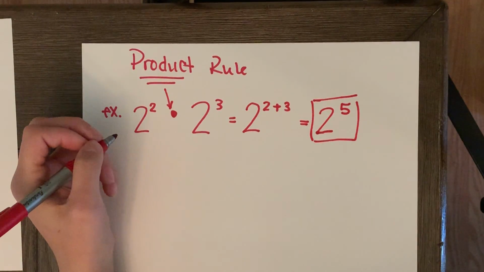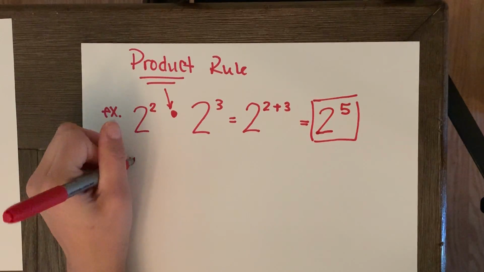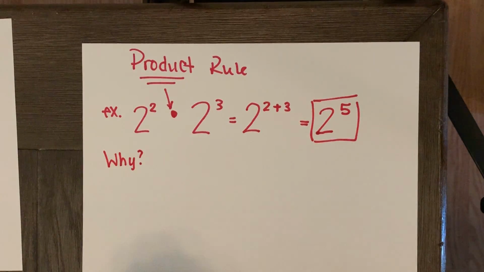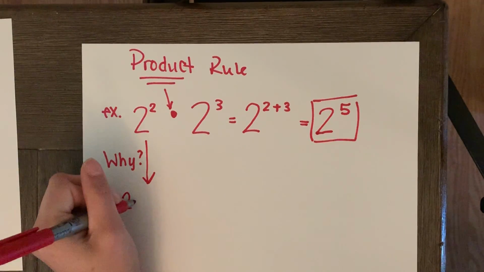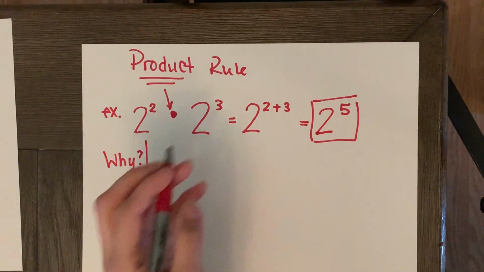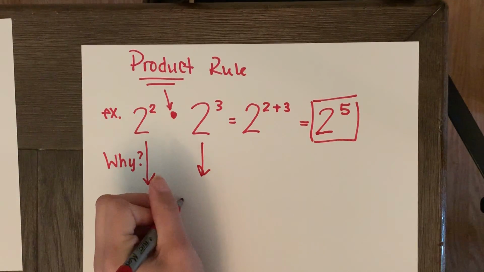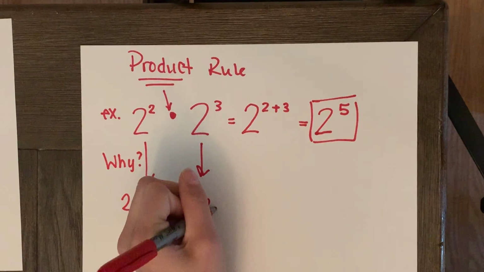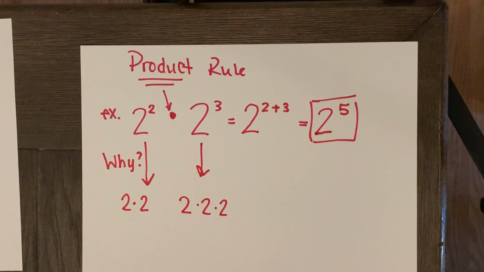Okay, so now you're probably thinking, well, why in the world does that work? Well, Miss Pillar is going to show you why, of course. So 2 squared means we multiply 2 by itself twice, right? You're going to see two 2's. And 2 to the third, we're going to see 2 three times.